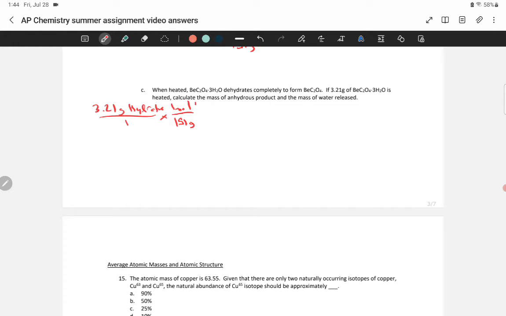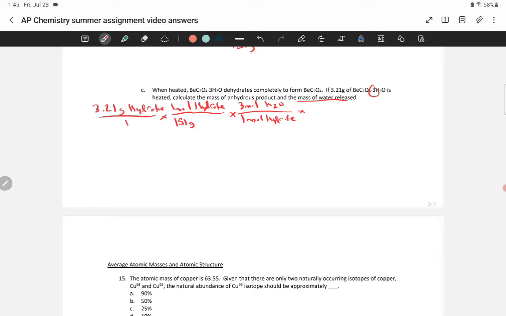So now I have moles of hydrate. And we're interested in water. So why don't I try to convert this to water? In 1 mole of the hydrate, I have 3 moles of water, but I really don't want moles.